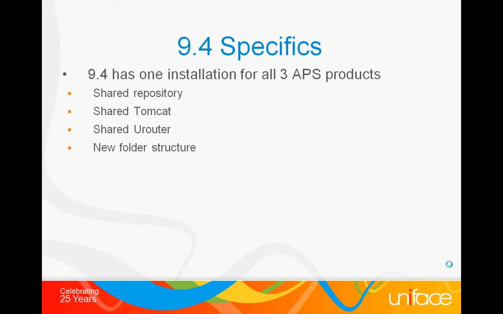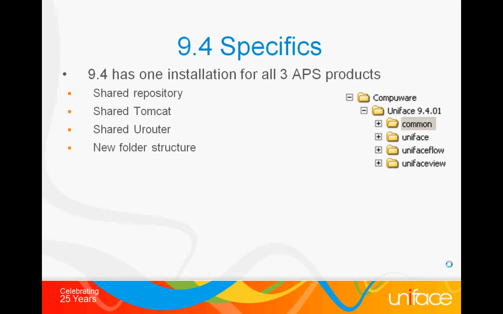There's one instance of Tomcat installed, even though there are multiple applications that use it, and there's one single uRouter used to take requests for all the different components. There's also a new folder structure that reflects this approach. You can see that there's a common folder where all things that are shared between the three products, like the binaries, are stored, and then there are product-specific folders for the types of components and features that are unique to that product.